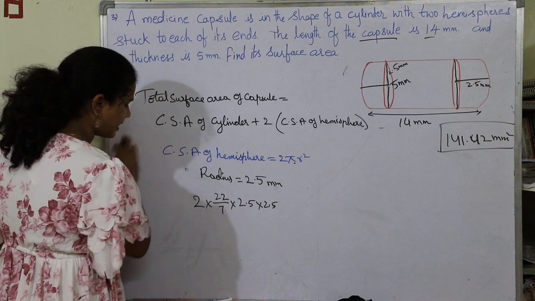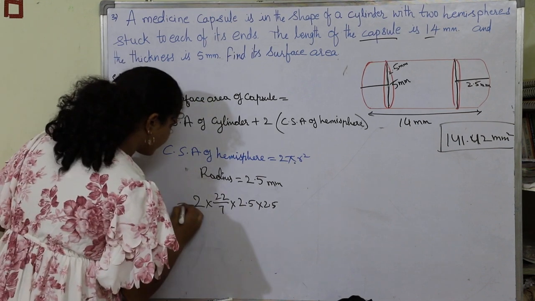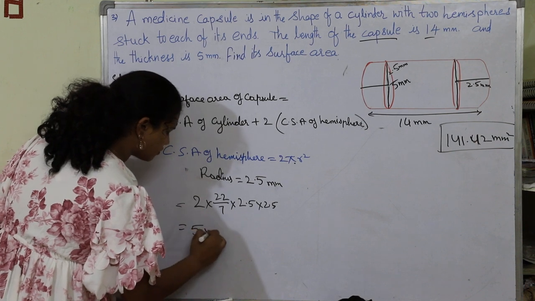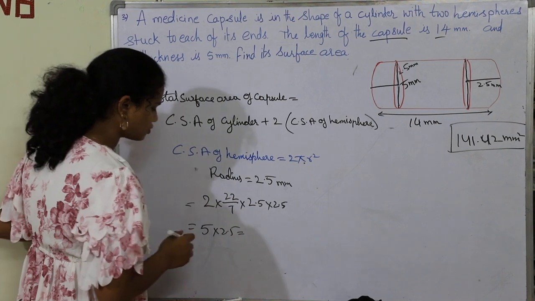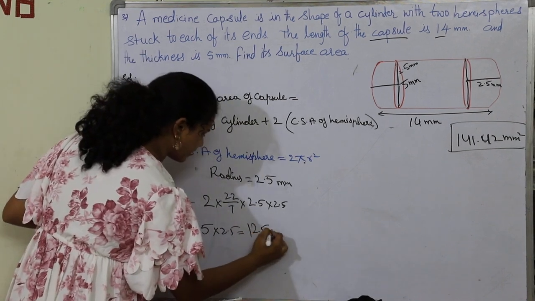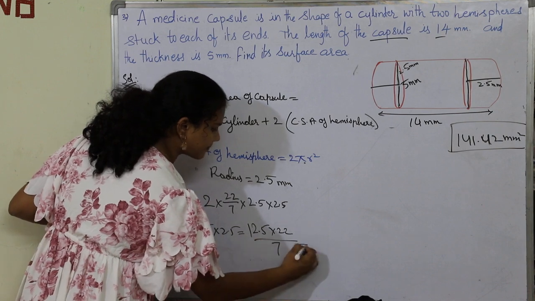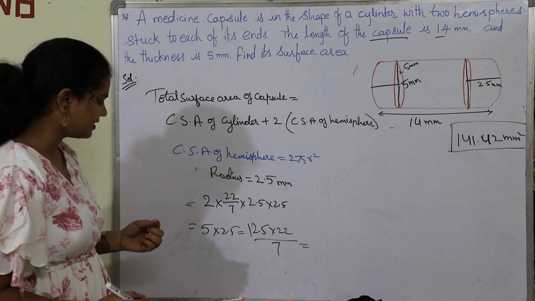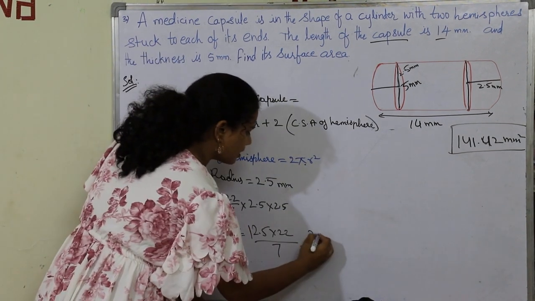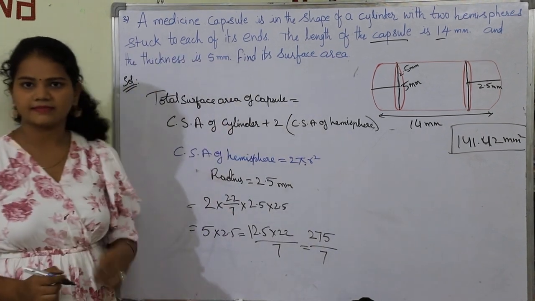So let me take 2 into 2.5, which gives 5. So 5 into 2.5 gives 12.5. So 12.5 into 22 by 7 gives 275 by 7. Done.